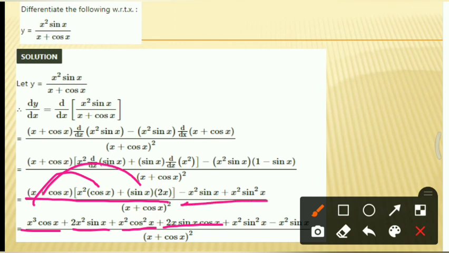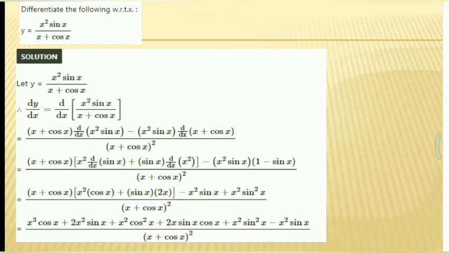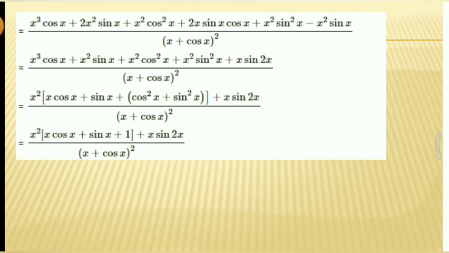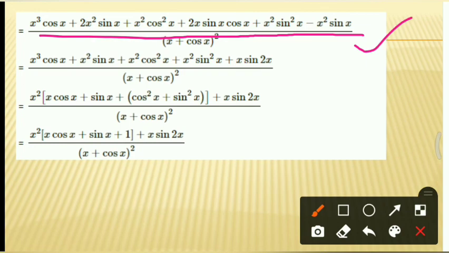Third and fourth terms are as it is, that is plus sin square x minus x square sin x and divided by x plus cos x is equal to x cube cos x plus 2x square sin x plus x square cos x as it is, all terms are as they are, plus 2x cos x, the previous step is repeated here.